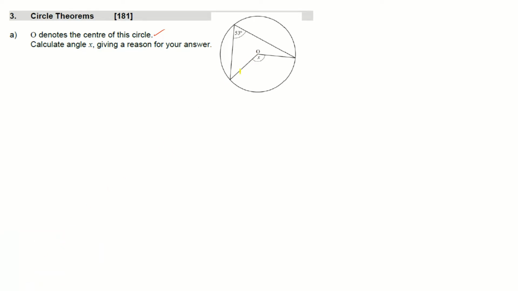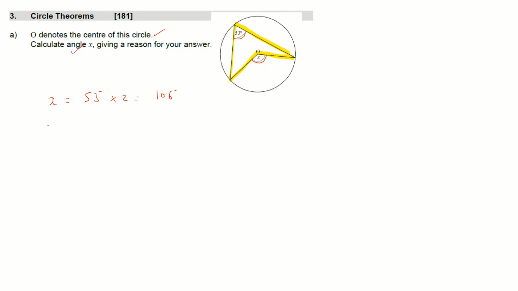Remember, if ever you see an angle at the center and then an angle at the edge from the same points, remember the formula? The angle at the center is double the angle at the edge. Okay, so the angle at the center is double the angle at the edge. So X is going to be 53 degrees times 2, which is 106 degrees.